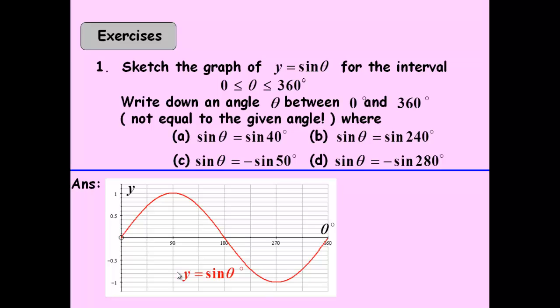There we are. So there's your graph. It's asking for an angle between 0 and 360 where sine theta is equal to sine 40. Well, the other occasion there is 140, isn't it? So that's the answer to A. For B, 240, well, you can see here where it's equal, and it's 300.